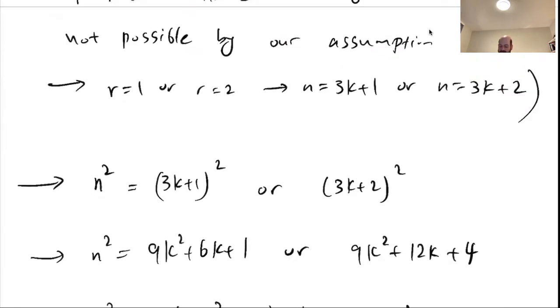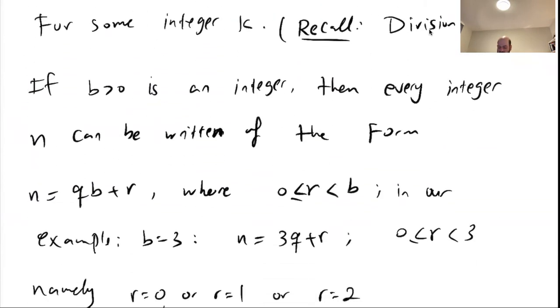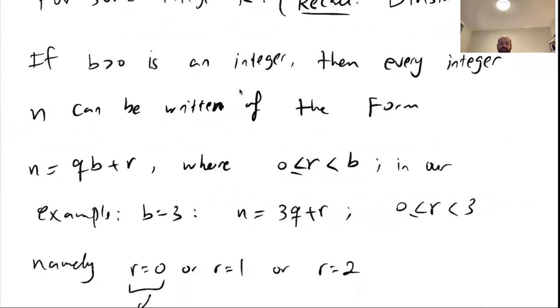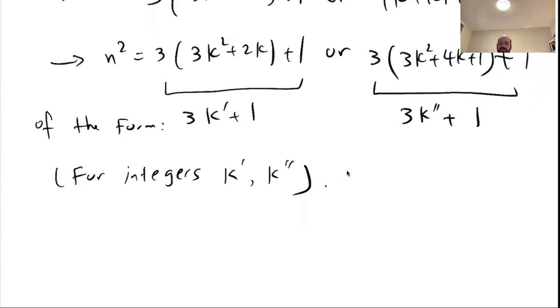Because whether it's 3k prime plus 1 or 3k double prime plus 1, the remainder when divided by 3 is 1. Please remember this r here that we mentioned in the division algorithm; this r is called the remainder. Any r which is bigger than or equal to 0 and less than b and appears in this equation is called the remainder. Now here I have 3k prime plus 1 or 3k double prime plus 1, and 1 is less than 3. So this 1 is considered the remainder.